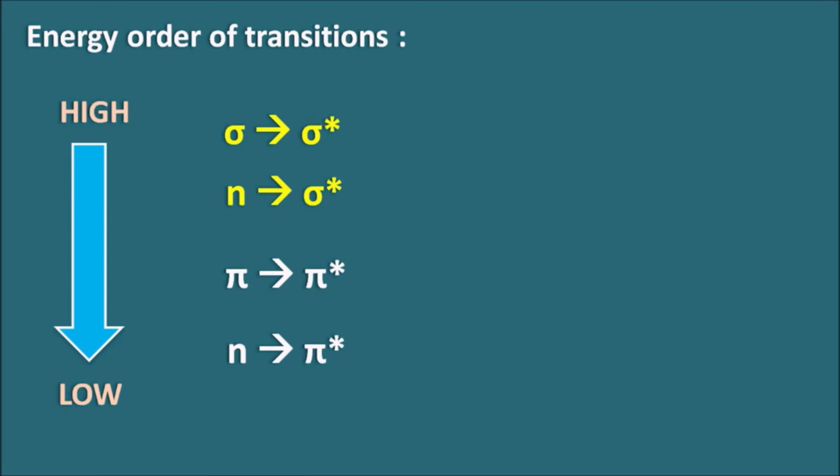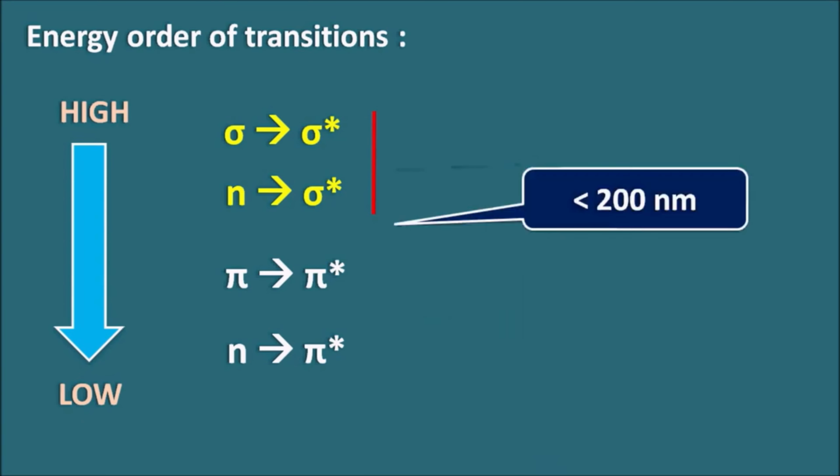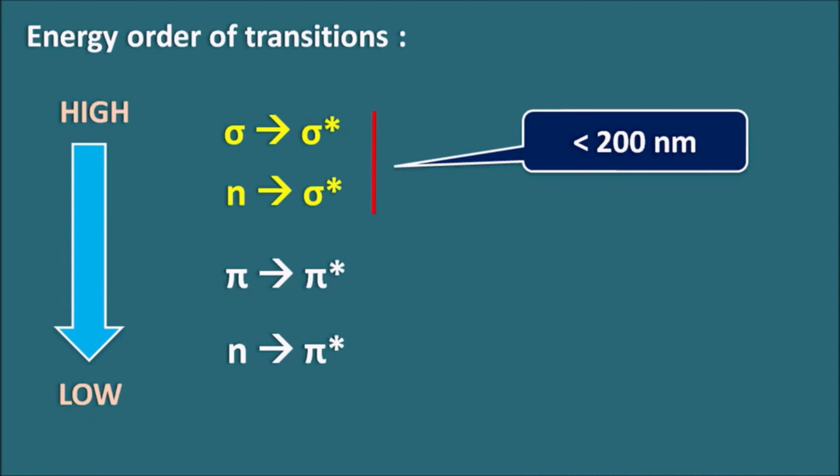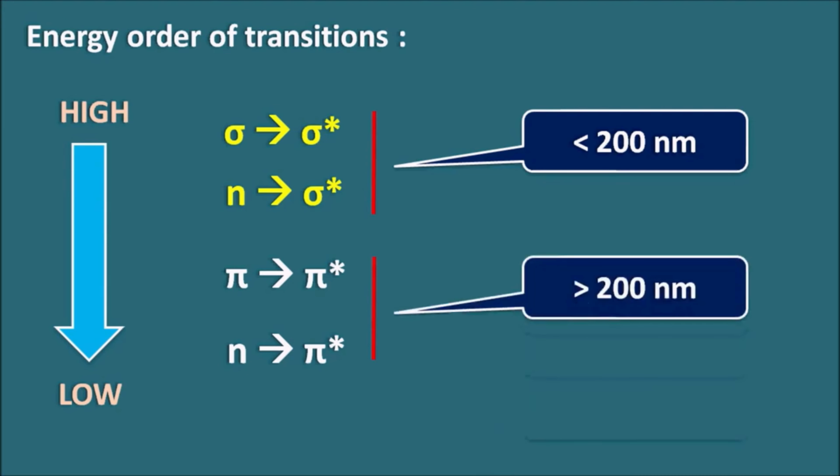Particularly, sigma to sigma star and n to sigma star transitions require the highest energies, so they are going to fall within the vacuum UV region and will absorb in the region less than 200 nanometer. Similarly, pi to pi star and n to pi star are mainly responsible for the absorption within the UV visible region, so they are going to absorb above 200 nanometer. So above 200 means 200 to 800, which is the UV visible region.